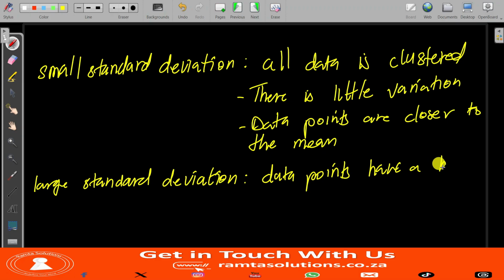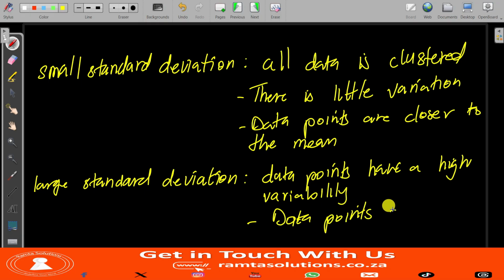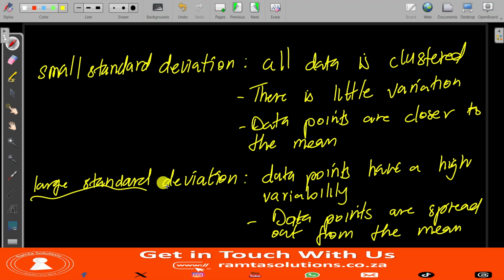So they are far apart, and therefore these data points are spread out from the mean, right? This is what we need.